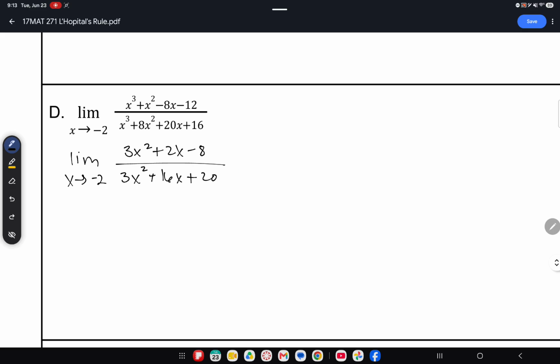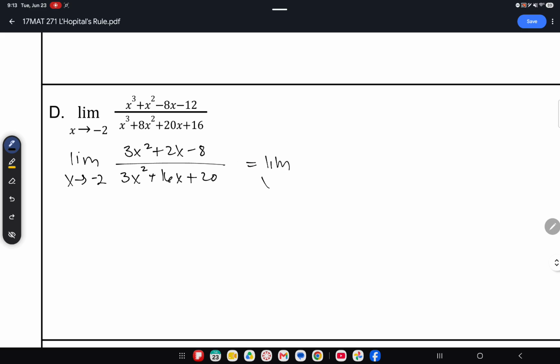I should keep checking to make sure this is going to be an indeterminate form. Let's see, -2 squared is going to be 4, so that's 12. 12 minus 4 is 8. 8 minus 8 is 0. And the bottom is 12 minus 32 plus 20. Yeah, we'll keep going.